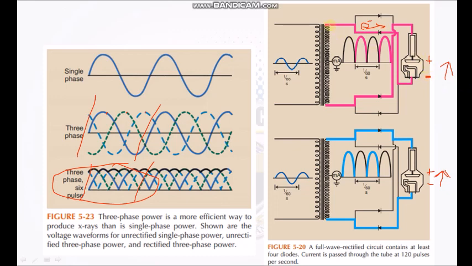So let's try to trace the path. This is the path of the electron. It enters the cathode, interacts with the target, that is the anode part, and then the electrons will be allowed to flow towards this side. Okay, so the electrons do not go back from anode to cathode. They are not directed back.